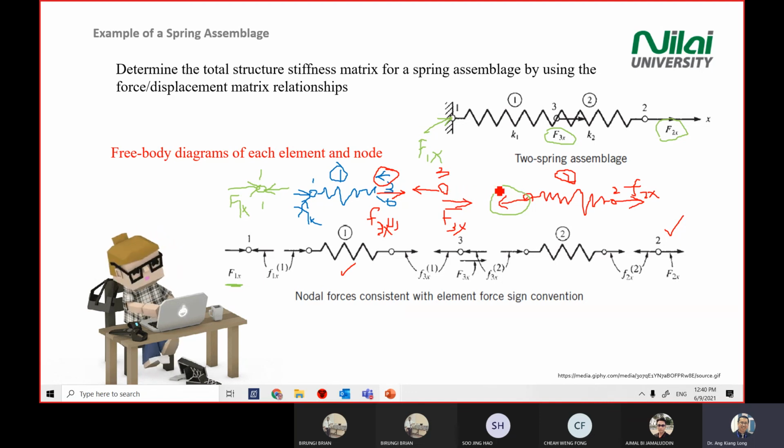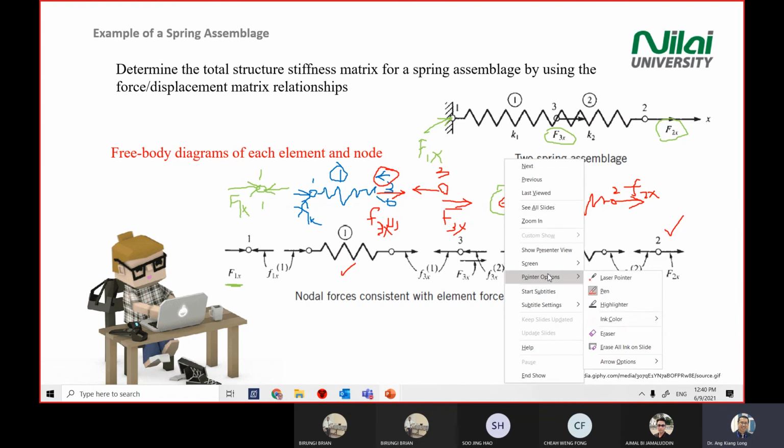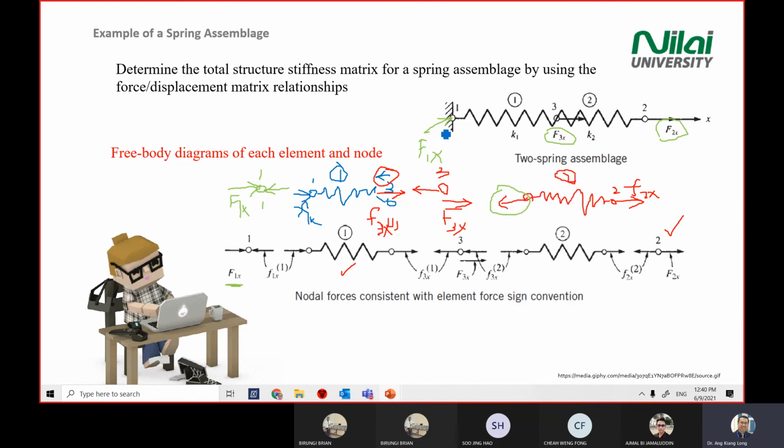In this case, we assume that it is having the blue color arrow, and this one you carry forward to this one. This is the textbook explanation where you draw the arrow accordingly.